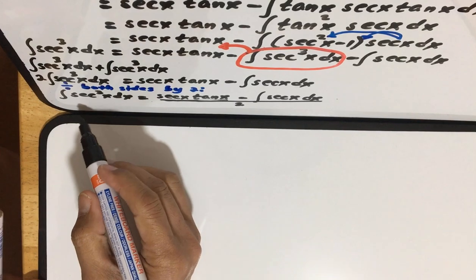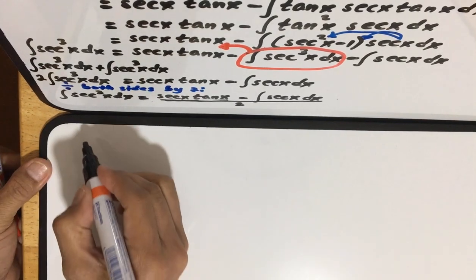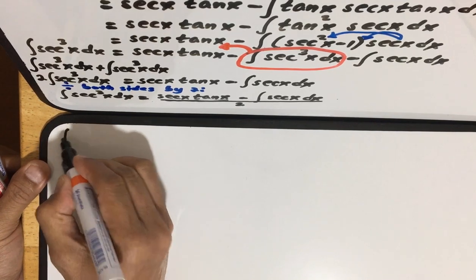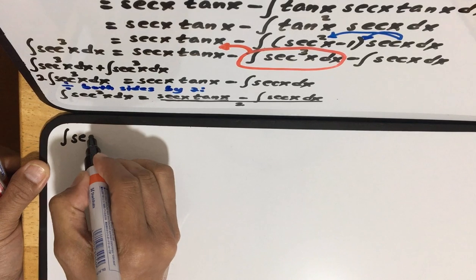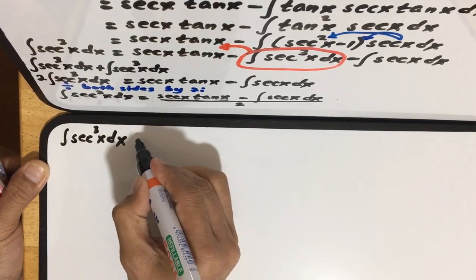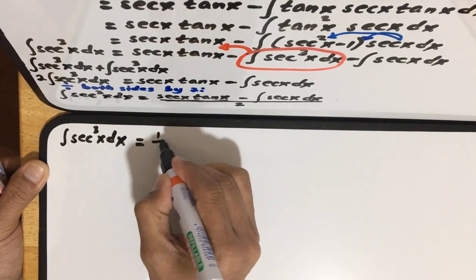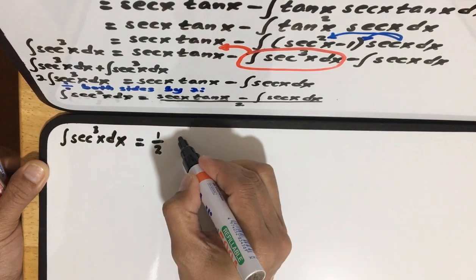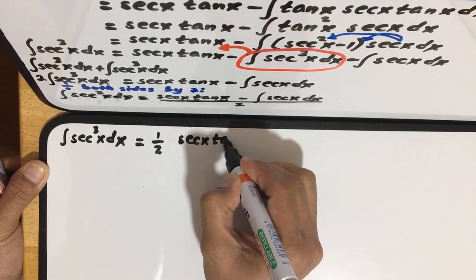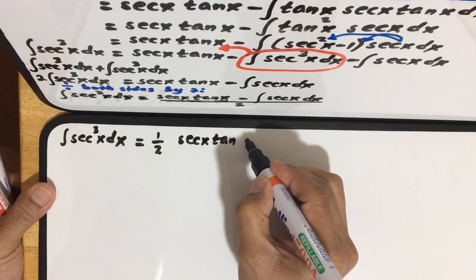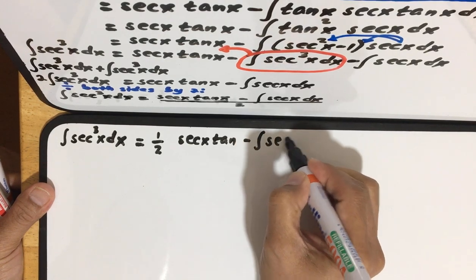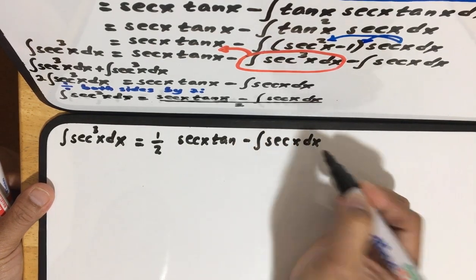After dividing by 2, this is the result. I will rewrite it, class. We have now the integral of secant cube x dx equal to, this can be written as 1/2 times secant x tangent x, then minus the integral of secant x dx.